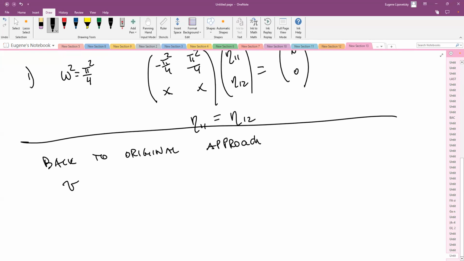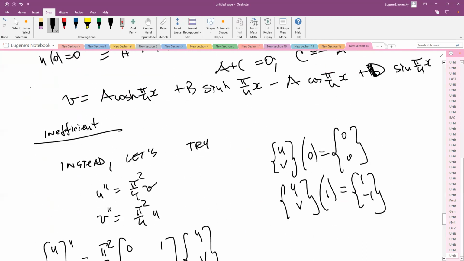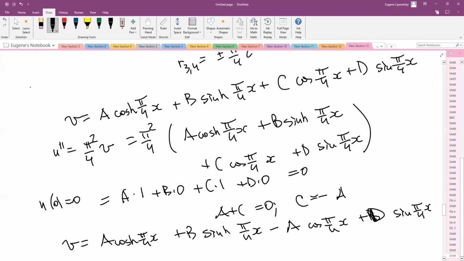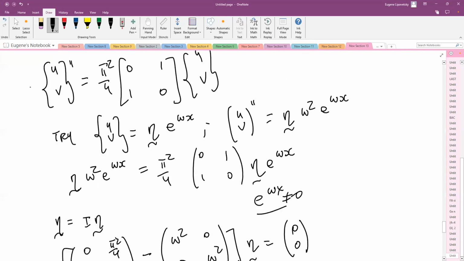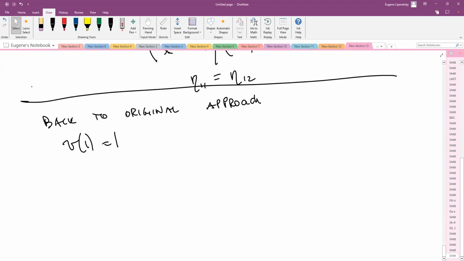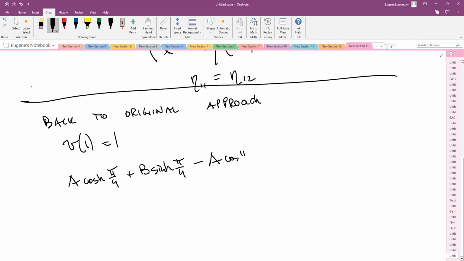So we have v of 1 equals 1. And that means you have a cosh of pi over 4 plus b sinh of pi over 4 minus a cos of pi over 4 and plus d sine of pi over 4 equals 1.